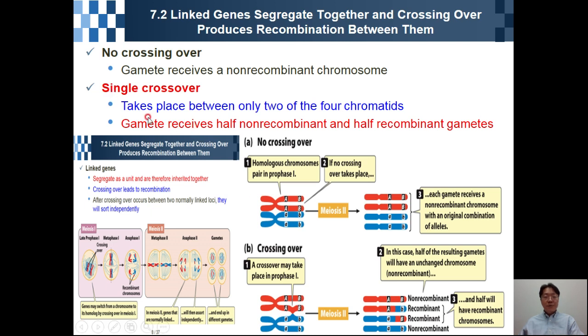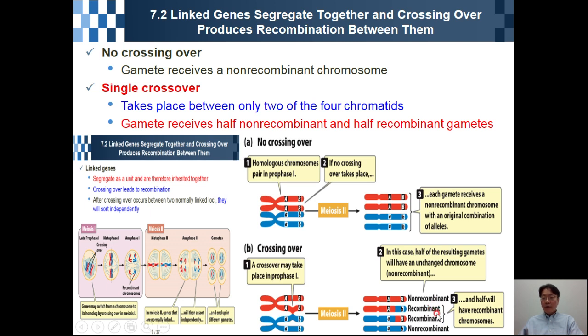Okay, if single crossing over happens during prophase 1, it happens between two of the chromatids. Usually a single crossing over takes place between only two of the chromatids. So half of the resulting gametes will have the unchanged chromosome. We call it non-recombinant.